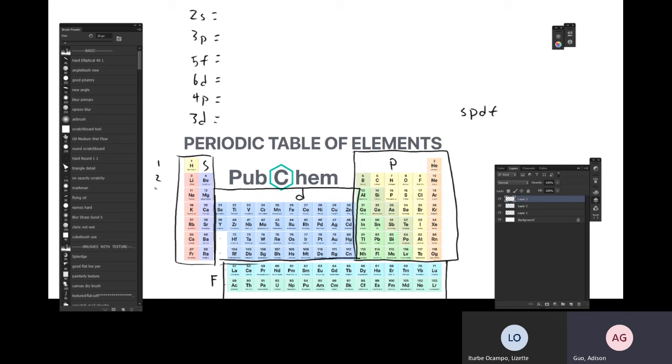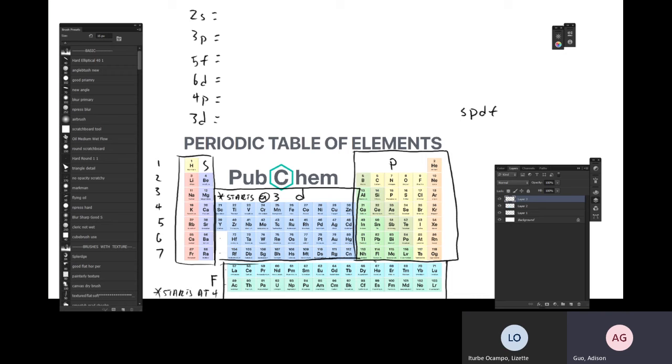If I number this by periods, just numbering all these rows, it starts at 3 and starts at 4. So these are where all the orbitals are on the periodic table.